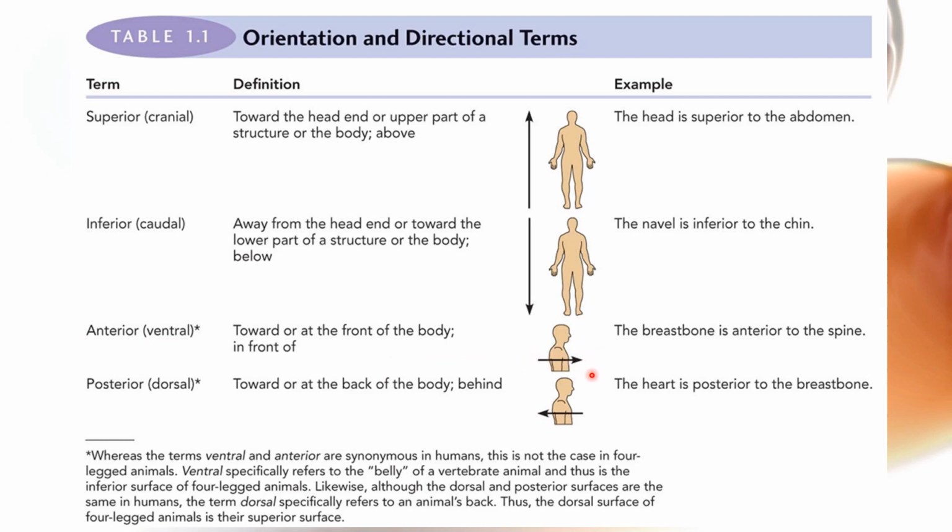When something is posterior or dorsal, it's toward the back of the body. Some examples: the breastbone is anterior to the spine, or the heart is posterior to the breastbone. Again, you always say the first thing is, and then your directional term, to another region. So you're going to compare two regions.